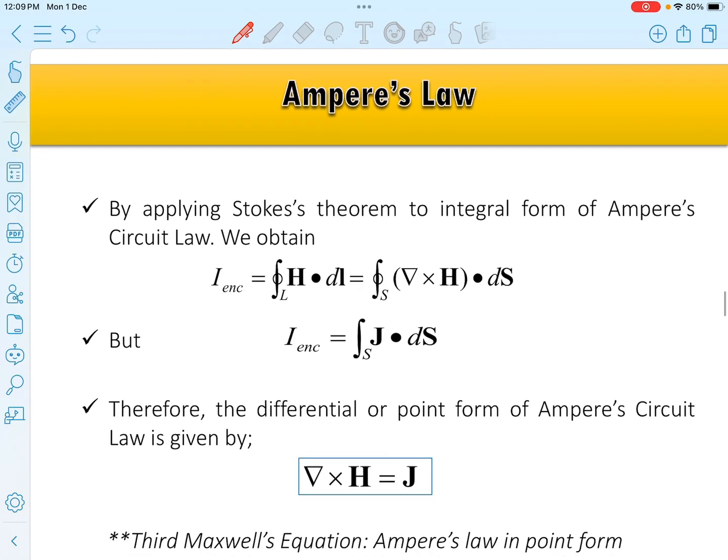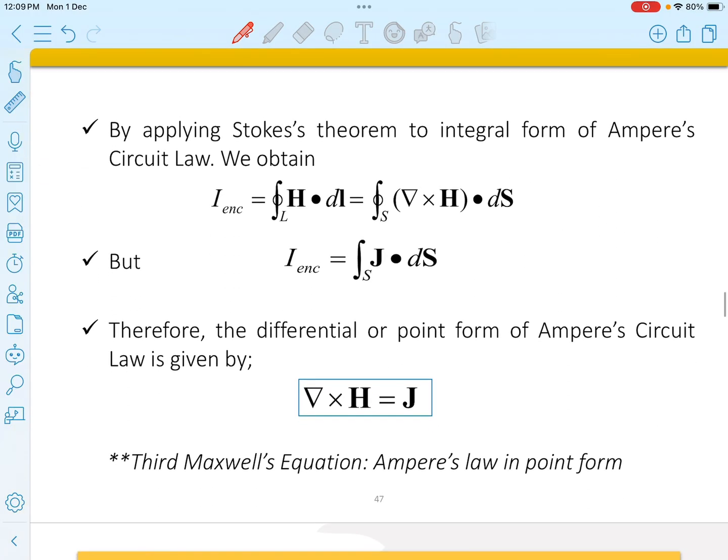If you write Ampere's law by applying Stokes' theorem, Stokes' theorem says that we can transform the line integral into a surface integral.